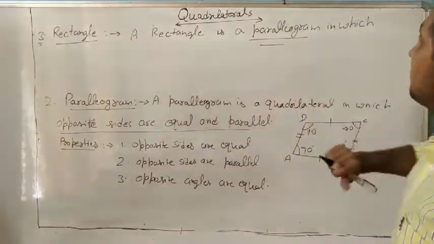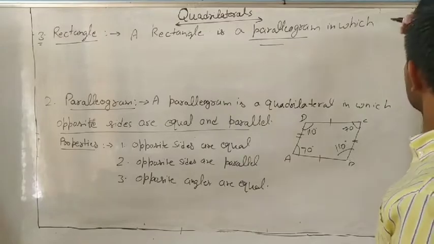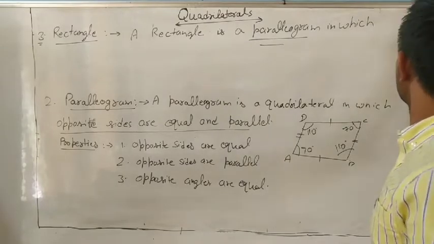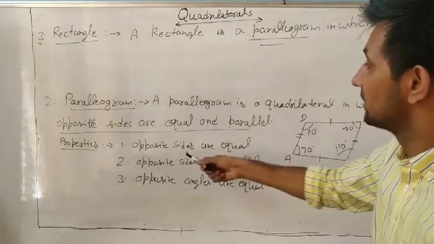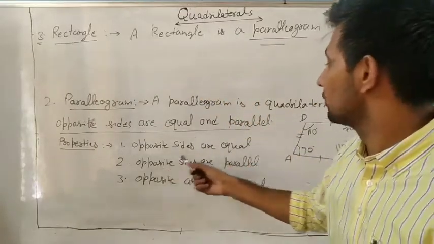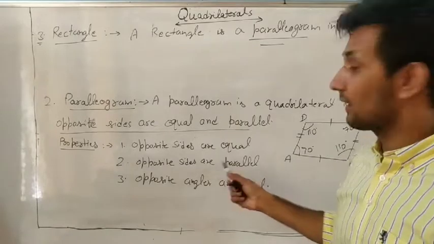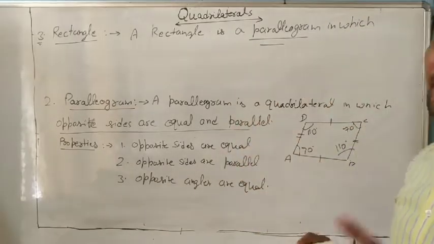A rectangle is a parallelogram in which what? It means opposite sides are equal, opposite sides are parallel also, and opposite angles are also equal. And what is different?